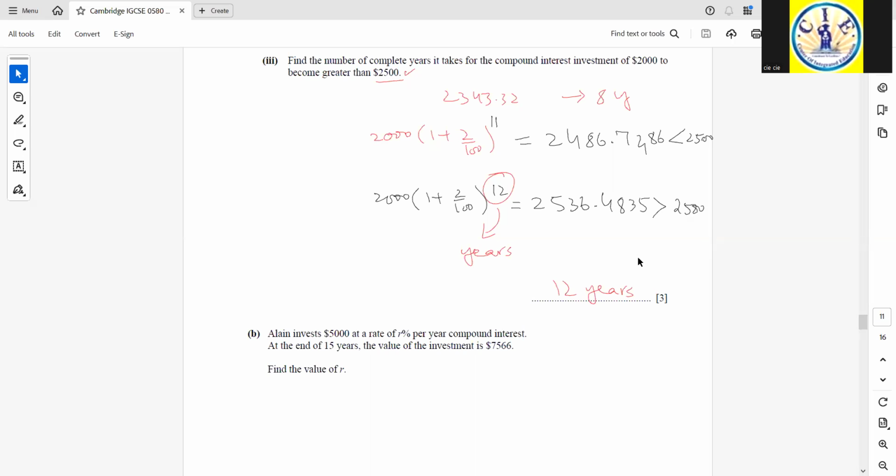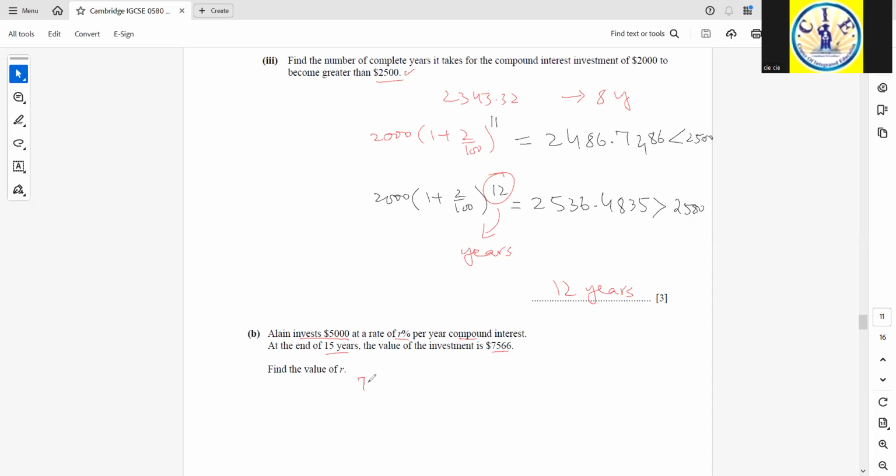Okay. Now for part B, Align invests $5,000 at a rate of R% per year compound interest. At the end of 15 years, the value of the investment is 7566. Find the value of R. Okay.